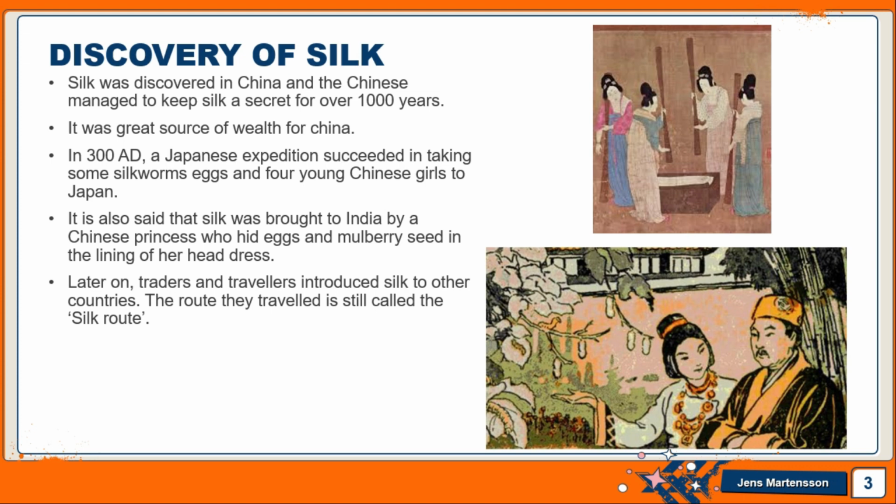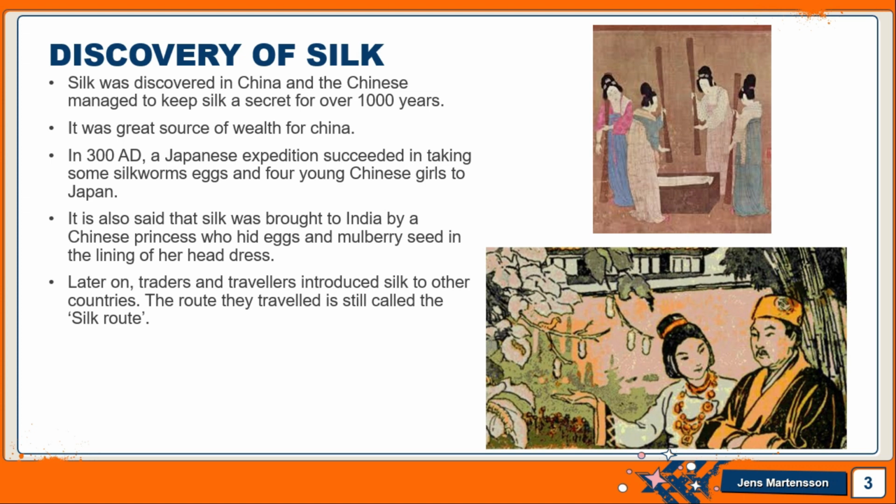Then, while she was having tea under the tree, suddenly a cocoon dropped into her cup of tea, and while removing the cocoon, she found a tangle of delicate threads separated from it, and from there the silk was discovered.